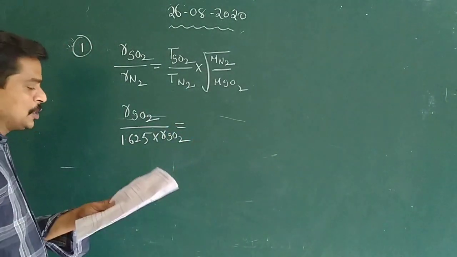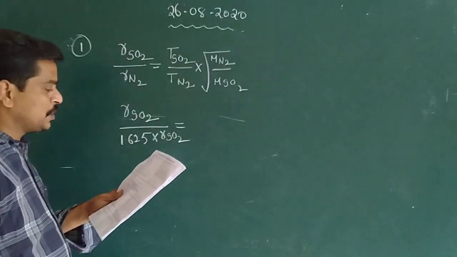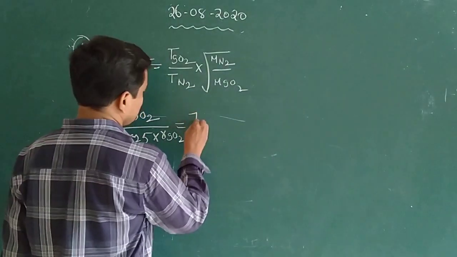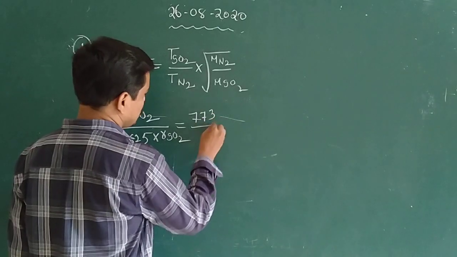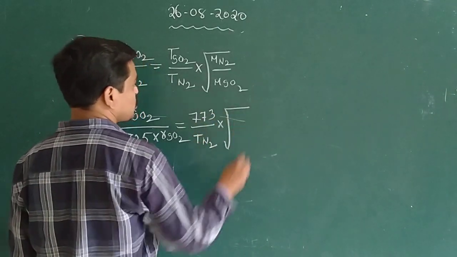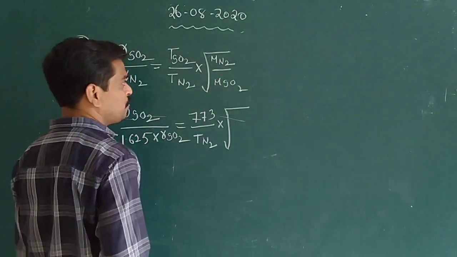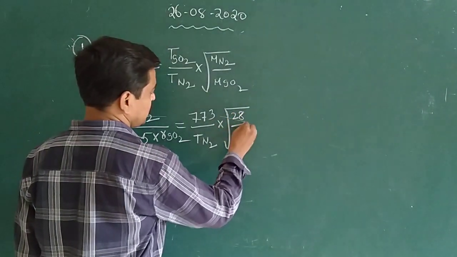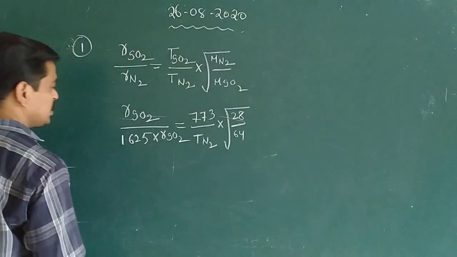Next, T of SO2, students, temperature of SO2 is given as 500, so 773, students. Temperature of N2 unknown, students, into square root of molecular mass of N2, students, 28. This is of 64, students.